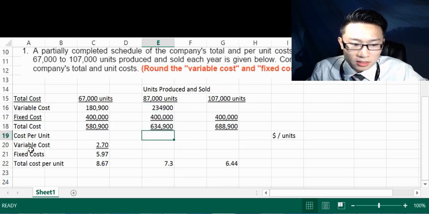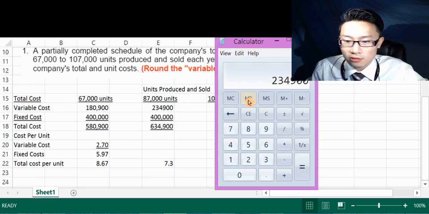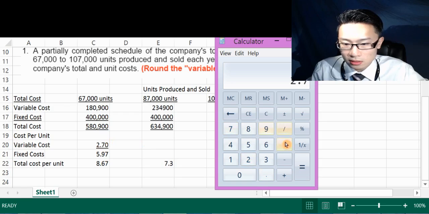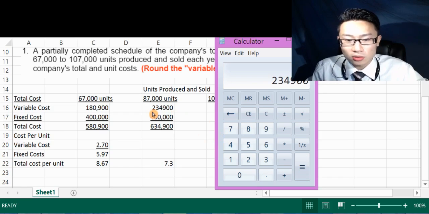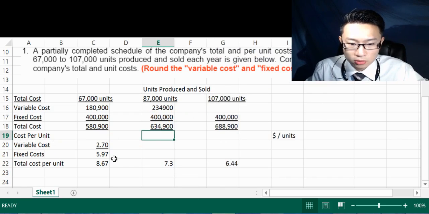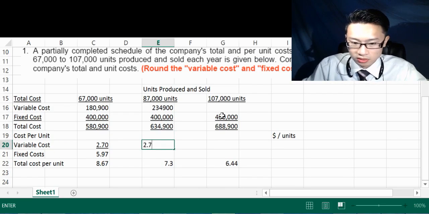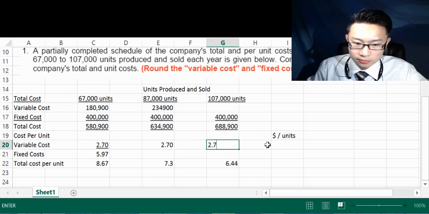Since variable cost per unit is 2.70 and we sold 87,000 units, we can just go 2.7 times 87,000 units and we should get the same number. 2.7 variable cost per unit times 87,000 units. See, 234,900, 234,900. So that is correct, and that's another way to check your answers. Variable cost per unit is going to remain the same, so I'm just going to put 2.7 here and 2.7 here.